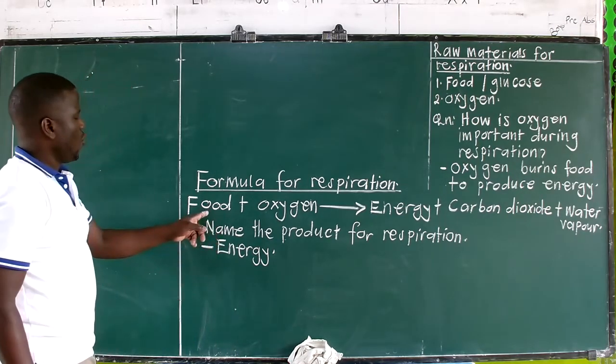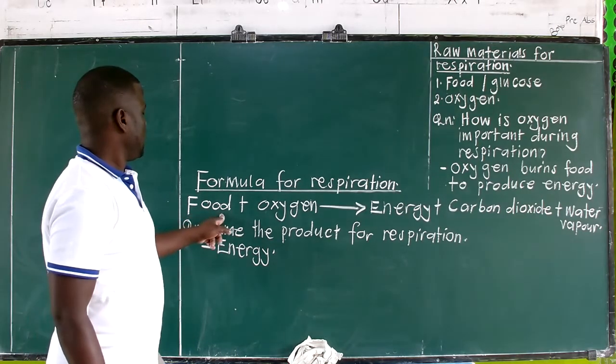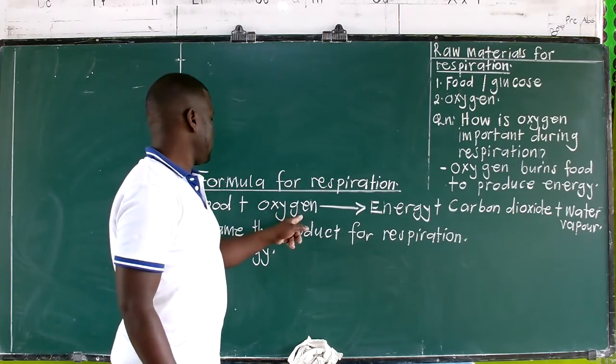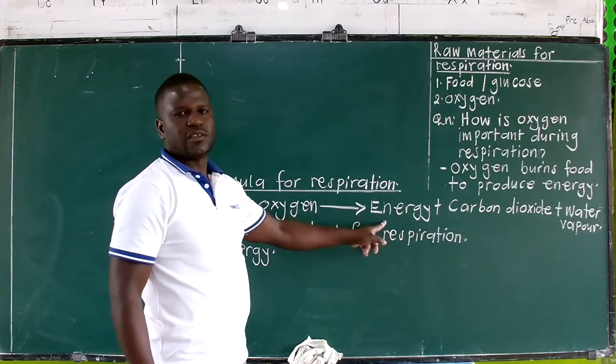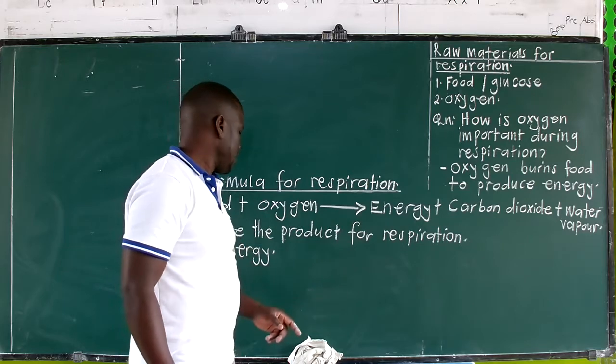So you find that when food is burnt with oxygen, energy is produced as the main product.